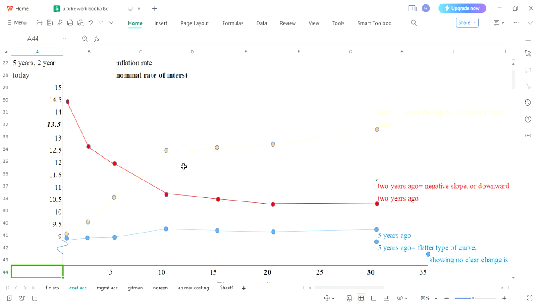A positive relation, that is why we have written positively sloped, showing that due to an increase in number of years, your rate would also increase. And for the red line, you are concluding continuously dropping rate, which means due to an increase in number of years, the rate would drop. For blue, due to an increase in number of years, the rate would neither increase nor decrease, a sort of flatter type of curve we have.